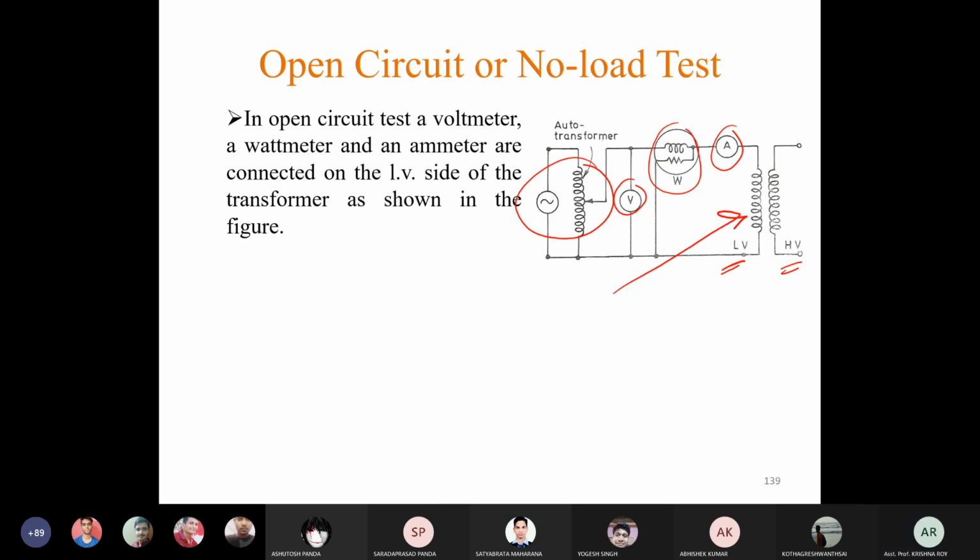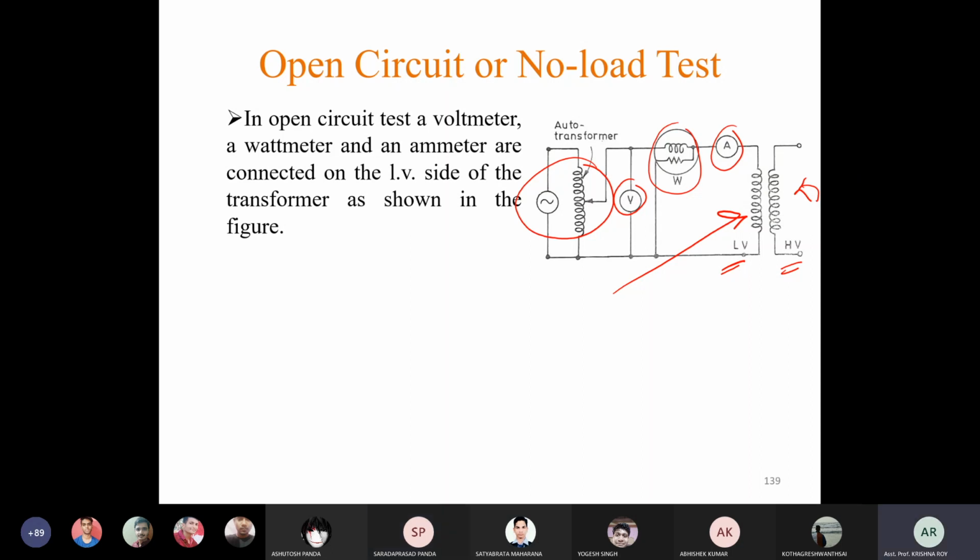Similarly, while performing the short circuit test, all these measuring devices and the supply system will be connected to the high voltage side only. We will change the side, and in that case we will say that the short circuit test is performed on the high voltage side. Is it clear?